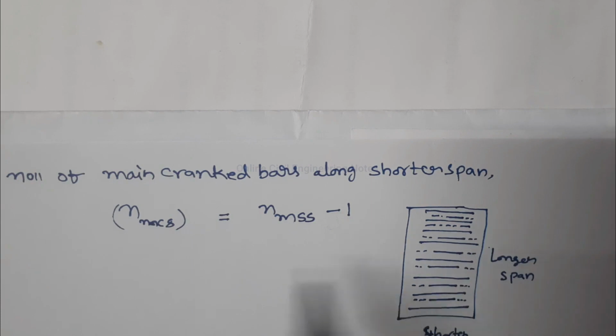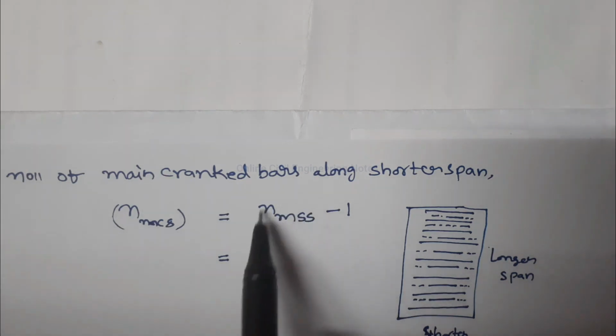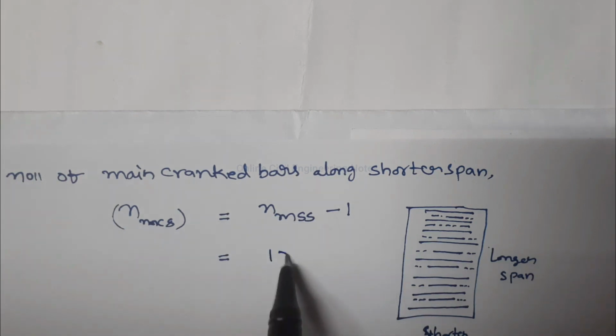The total number of cranked bars is less than 1, of main straight steel bar. Total number of main straight bars in shorter span is equal to 18.